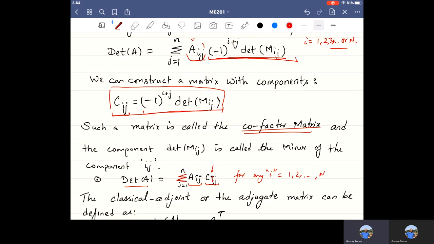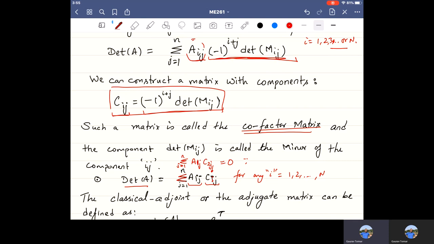The interesting thing is, suppose you don't pick aij with cij. Suppose you pick a1j, but here we are picking c2j, and we are running from j equal to 1 to n. If we're picking the first row of A and the second row of this cofactor matrix, then you can show that this is going to be 0, because it will be like calculating the determinant of a matrix with repeated rows.